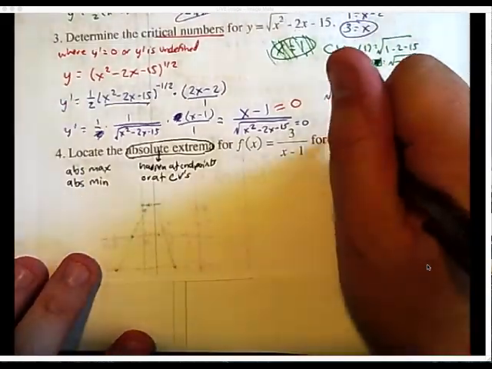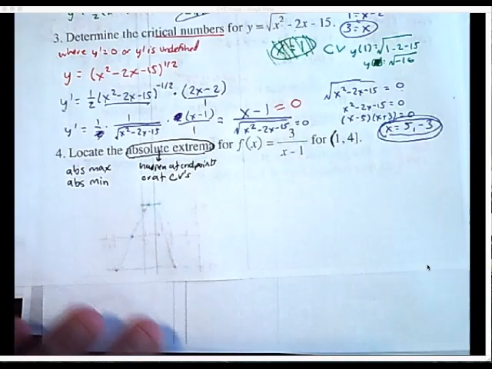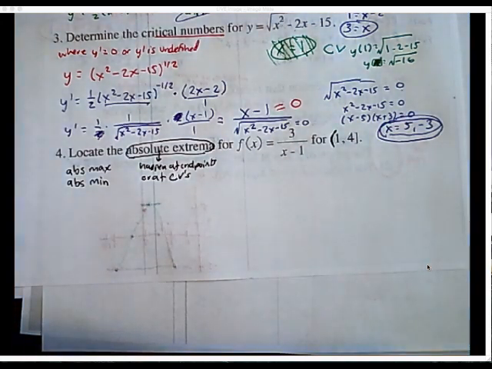Now 1 here is open, so we're not actually going to include 1. One of the conditions of the extreme value theorem is not met, so we might not get a maximum.